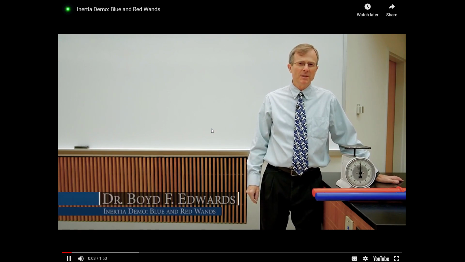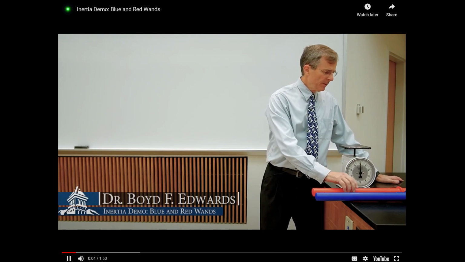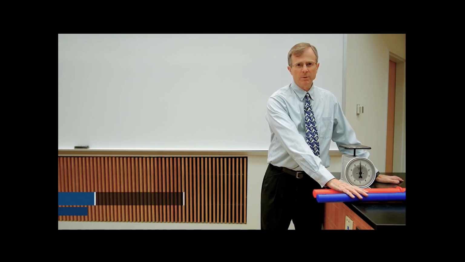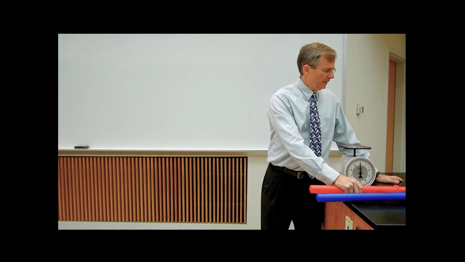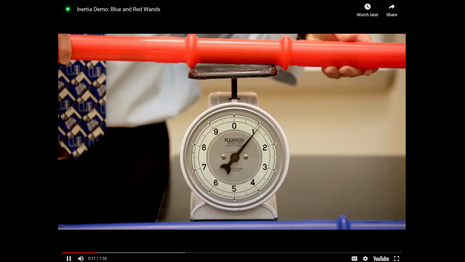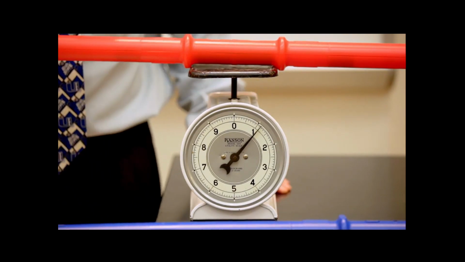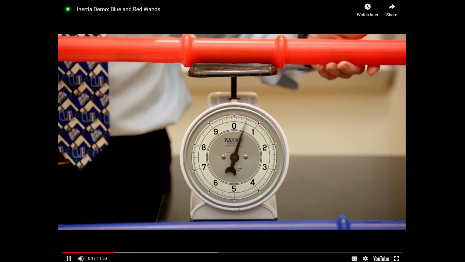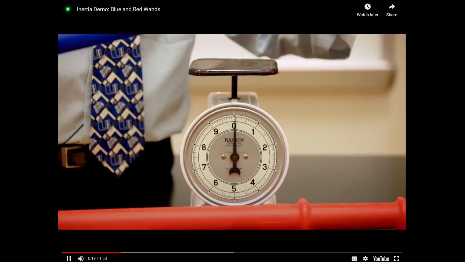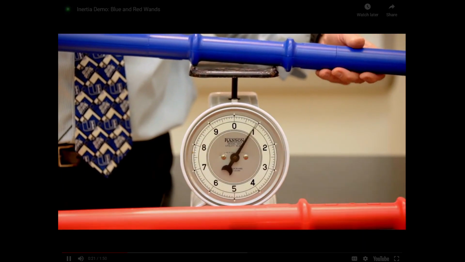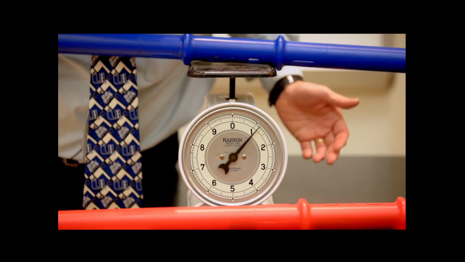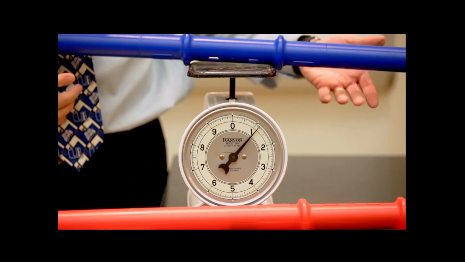This is a demonstration of moment of inertia. I have here two rods, one red, one blue, and I want to first demonstrate that these rods have the same mass, about 1.15 kilograms for the red one, and 1.15 kilograms for the blue one.